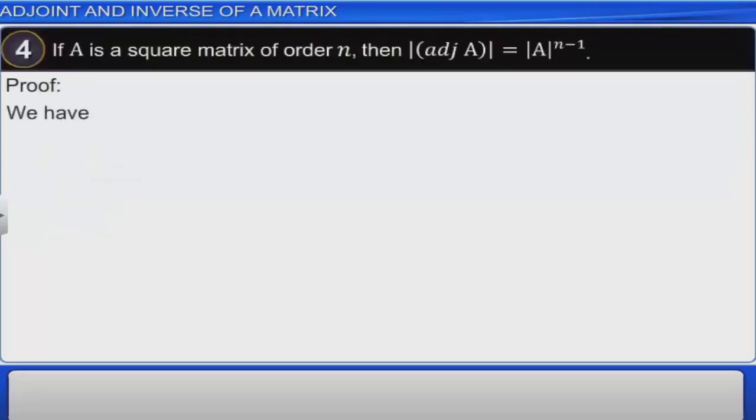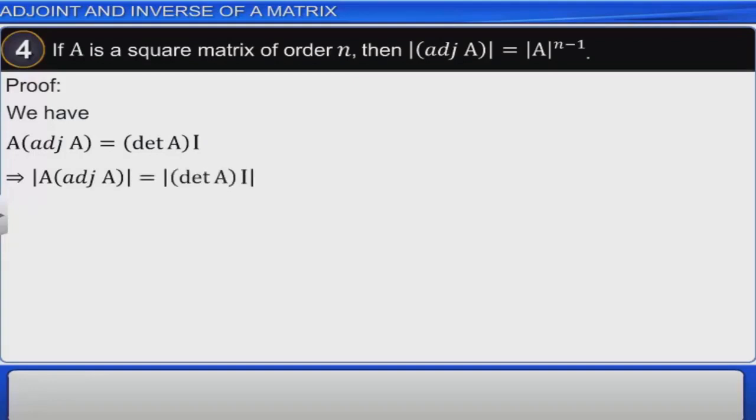In the previous theorem, we proved that A into adjoint of A is equal to determinant of A into the identity matrix. This implies that the determinant of A into adjoint of A is equal to determinant of A into the identity matrix.